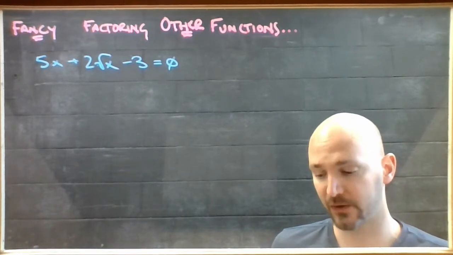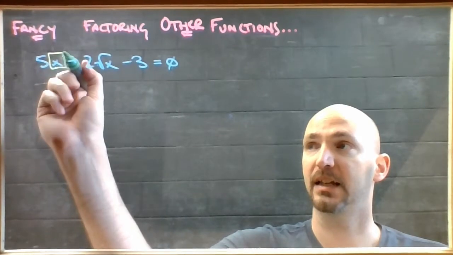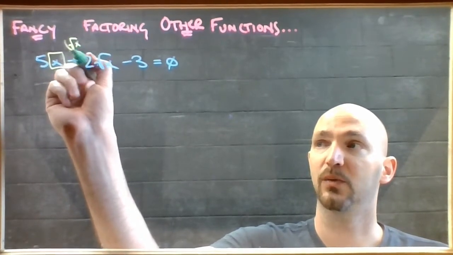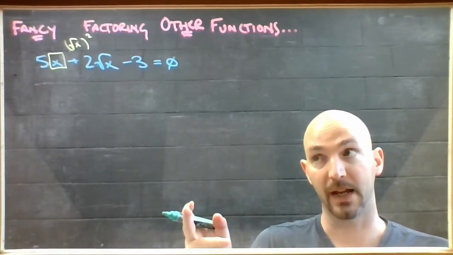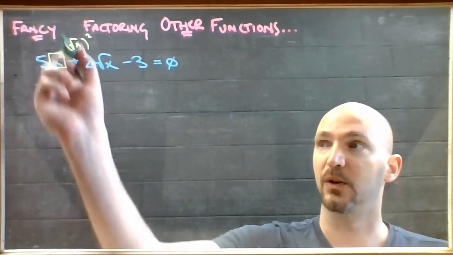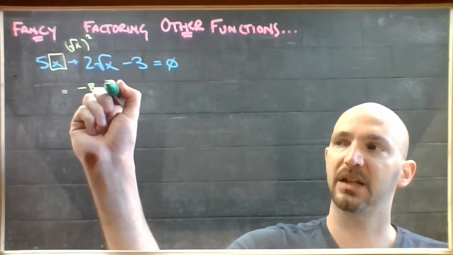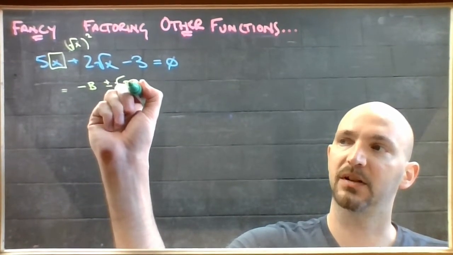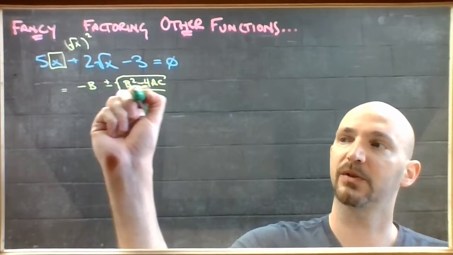The only thing I have to remember to spot this is that this thing here is really root x squared, which is what's going to let me get away with my quadratic formula. So in this particular example, the quadratic formula is negative b plus or minus square root of b squared minus 4ac over 2a.